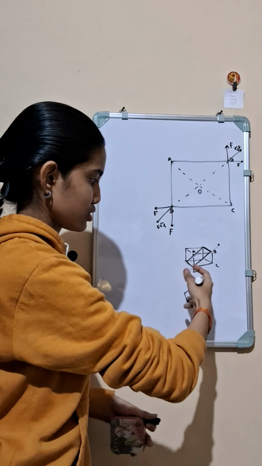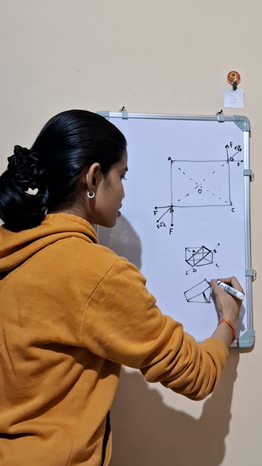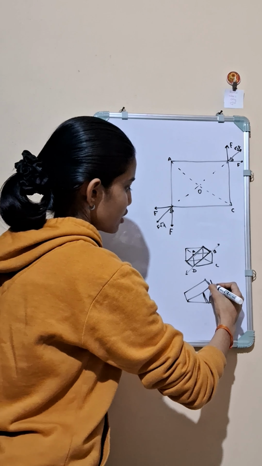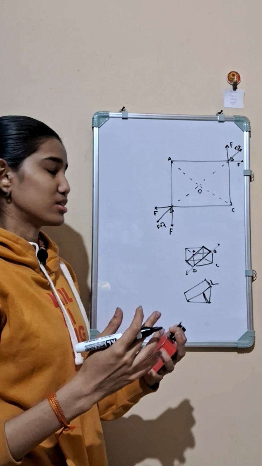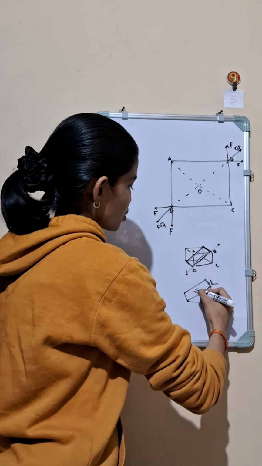This is just showing that it is 3D. Here this length is L. We know that the side of this cube is L, and its diagonal will be root 2 L.